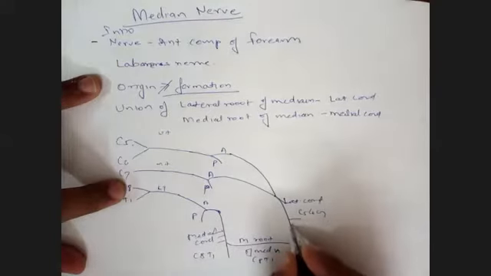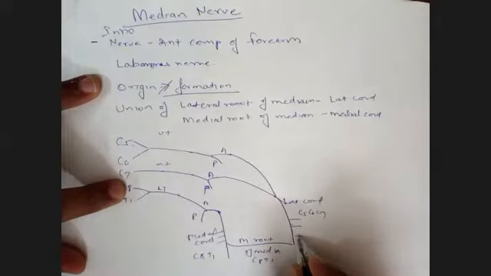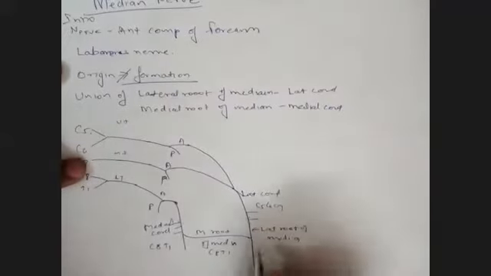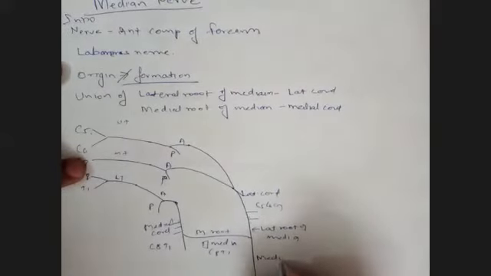Branches of lateral cord are LML: lateral cutaneous, musculocutaneous, and lateral root of median. The medial root and lateral root of median unite and form the median nerve. So this is how median nerve is formed.